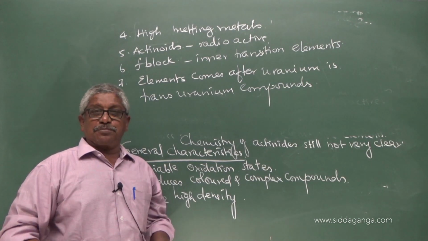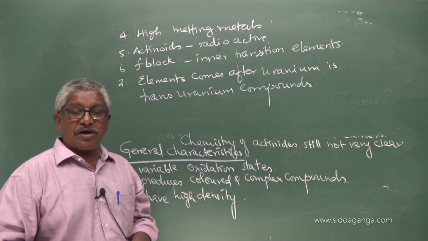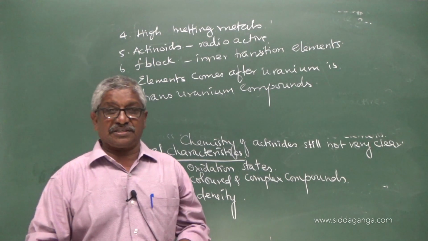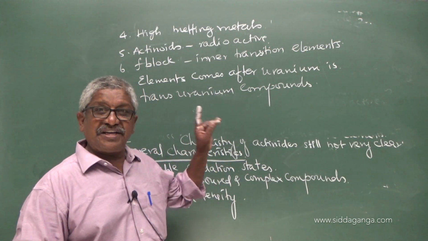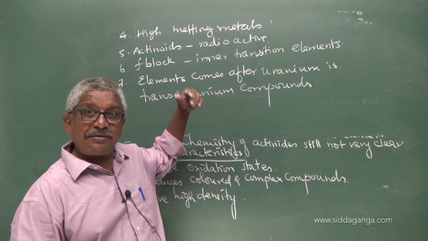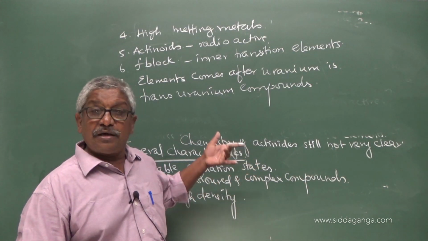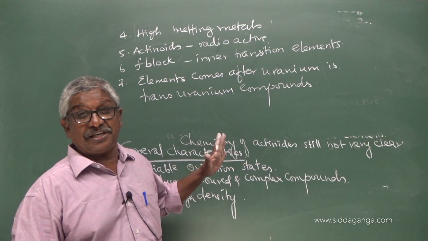The S block, P block, D block and F block elements. S, P, D are available in the main periodic table, and the F block, actinides and lanthanides, is available at the bottom of the main periodic table.